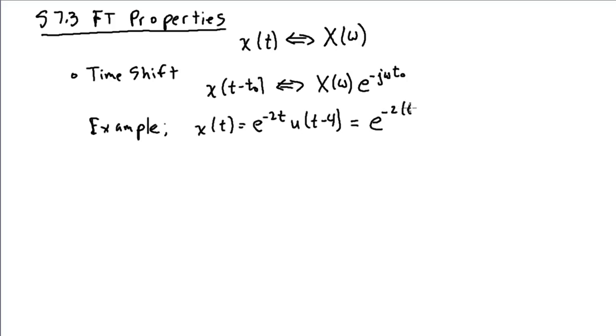But I've got to get the time shift everywhere. I'm going to pull out the e to the minus 2 times 4, so that'll be e to the minus 8, which is just a constant. And I've got e to the minus 2 (t minus 4) u of t minus 4.